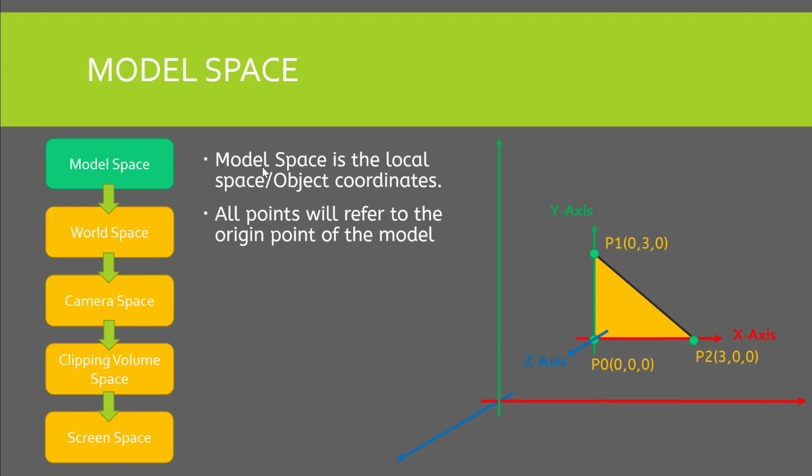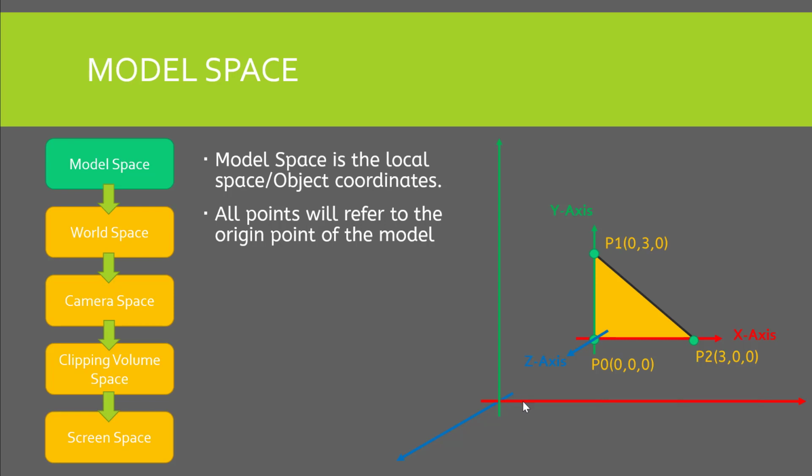So model space is the same as the local space or the object coordinates. And all points here refer to the origin point of the model. So in this example, we have a triangle, and let's say this triangle is placed in the environment or the game space.